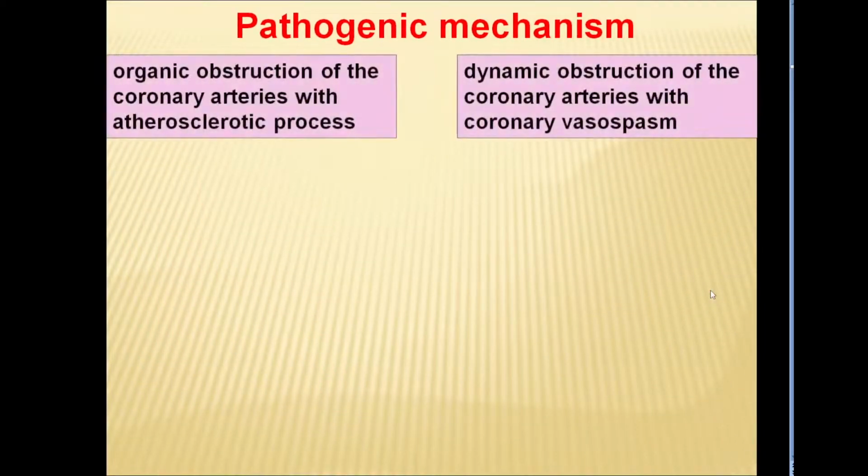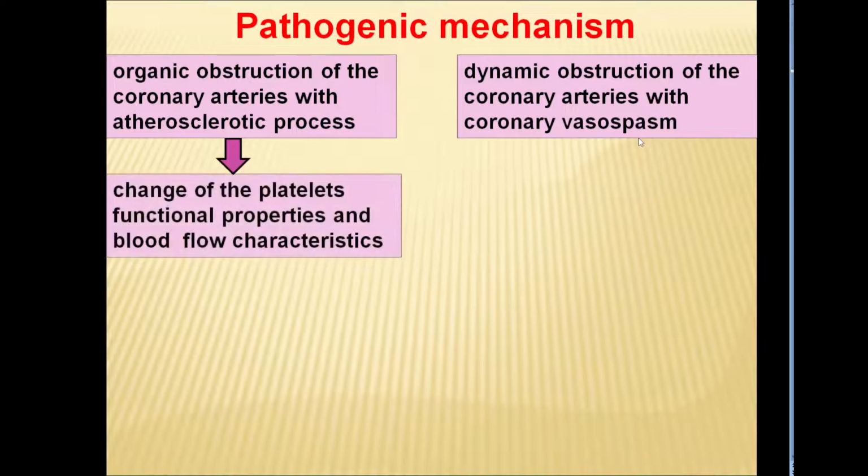Pathogenic mechanism. Organic obstruction of the coronary arteries with atherosclerotic plaques, or dynamic obstruction of coronary arteries due to coronary spasm, manifested with disordered hemodynamic.